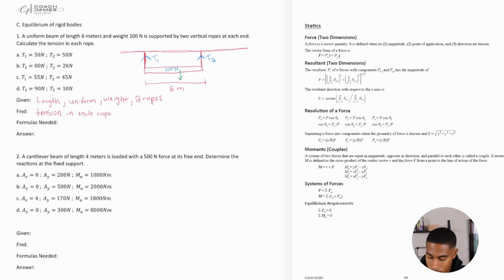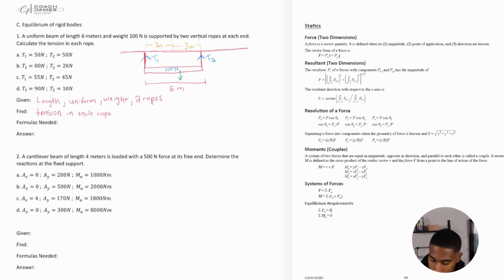So now, this is going to be our center, and we know since it is uniform, that means 3 meters from here to here, and then the distance from here to the center point is again 3 meters, to give our total of 6 meters.